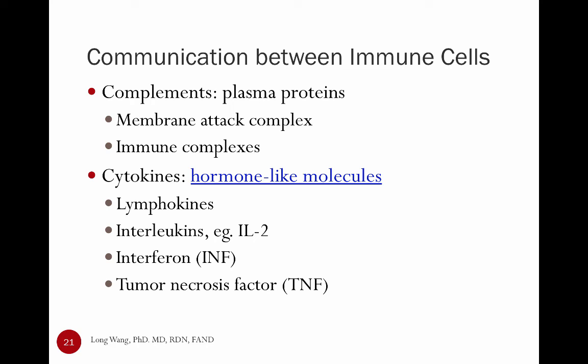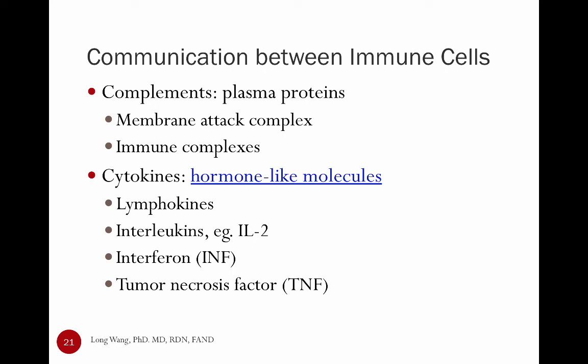So how does the immune system coordinate attack, when everything is so distant from each other? The answer is that we have different molecules in the immune system that can serve as the messengers among different immune organs, whether it's central or peripheral organs.